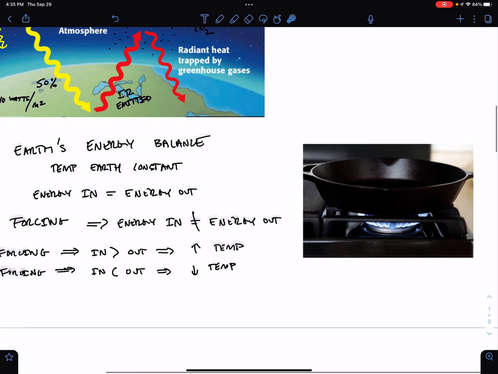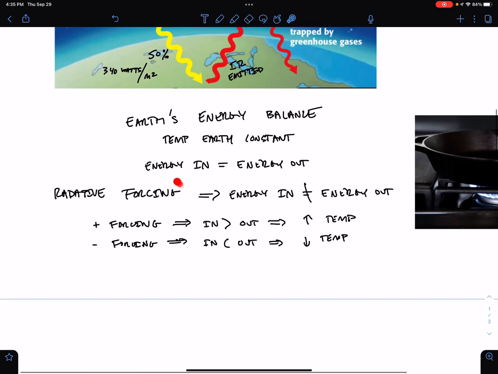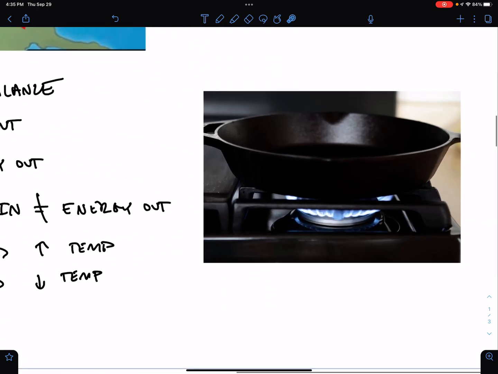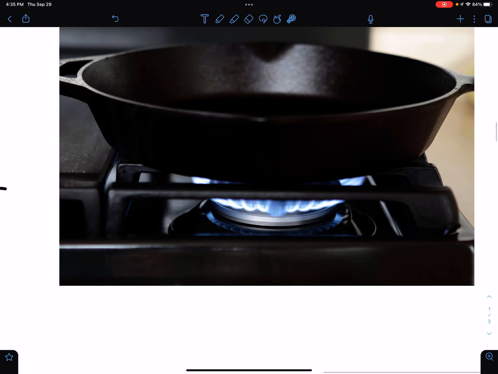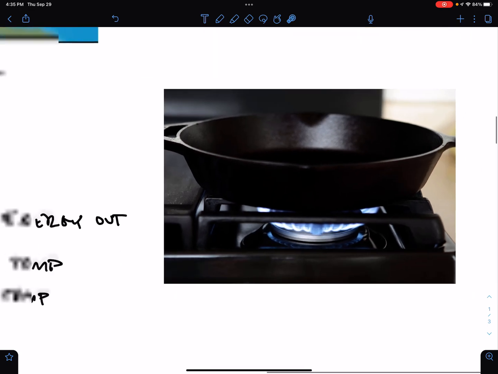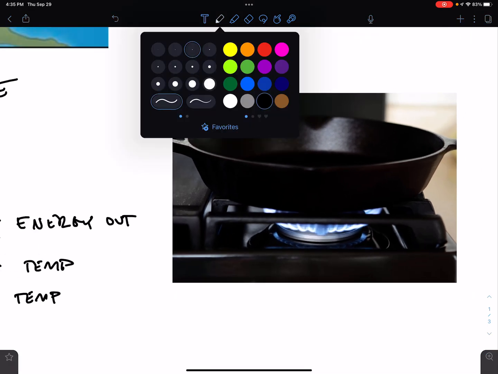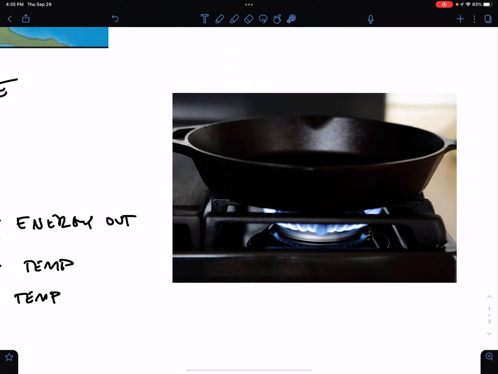It's actually at a constant. The energy in is equal to the energy out when it's at room temperature. It's not changing its temperature. But what happens when we turn on the stove? Now we've increased the energy in. The stove is lit, and the energy that's being absorbed by the pan is more than the pan is emitting.